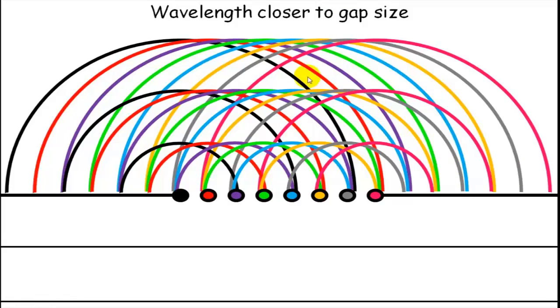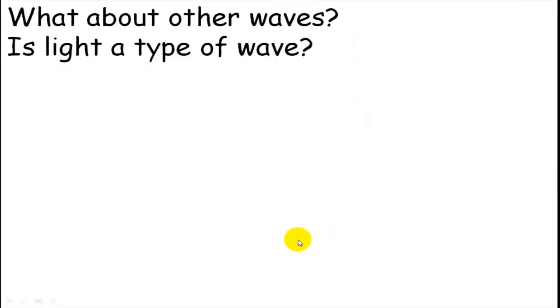Okay, and again, this is when the wavelength is getting closer towards the gap size, and you are starting to get constructive interference here, and obviously it's all constructive here, and there will be some cancelling out around these kind of areas. You can see that the orange line here is falling into the gap of the green line, so this would be in the negative displacement of the green line's wave, and it would be cancelling it out at that point there. So you'd be getting interference.